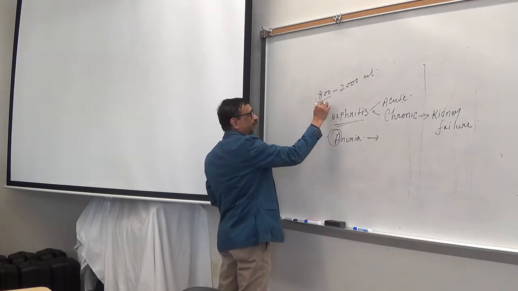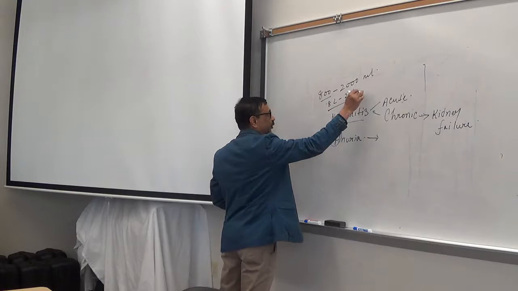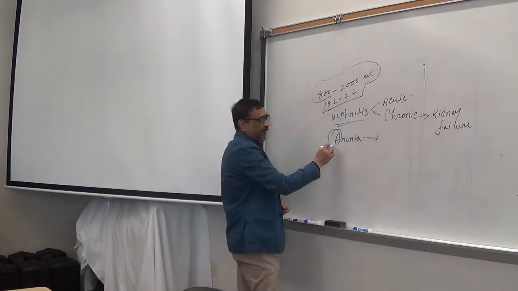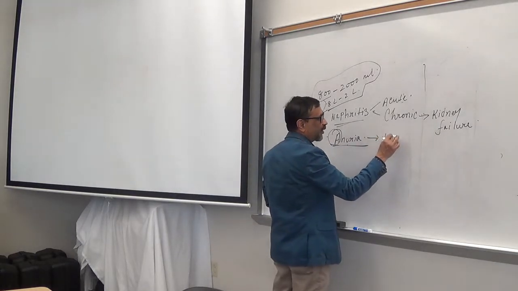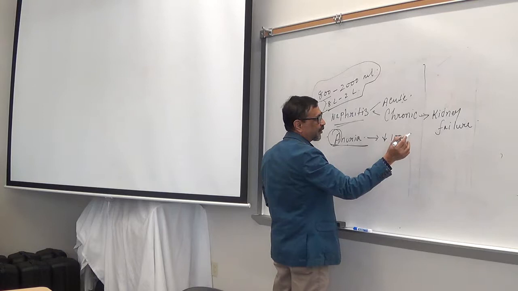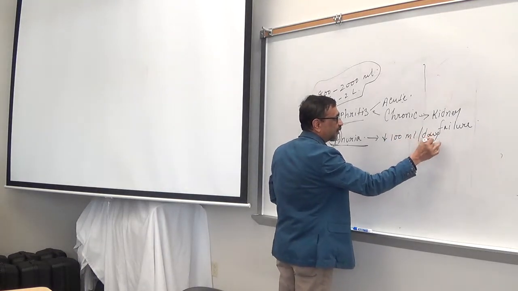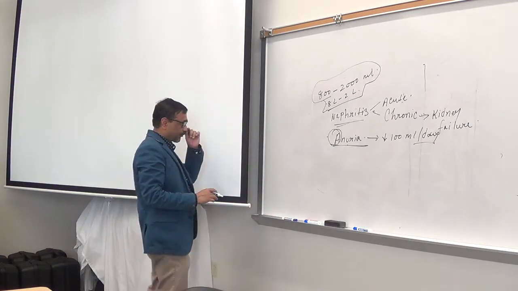That means 0.8 liter to 2 liter. Okay, that is the normal amount of urine production. Now, anuria, if the production of urine is less than 100 milliliter per day, that is considered as no urine production.